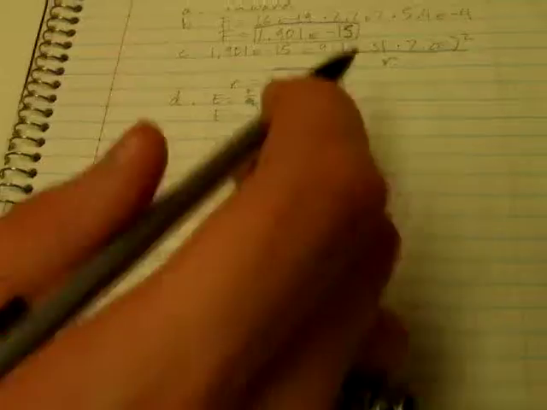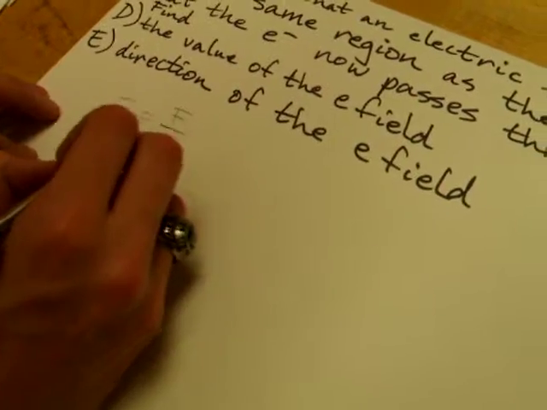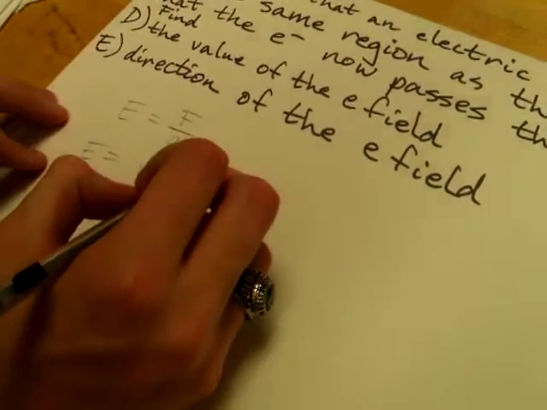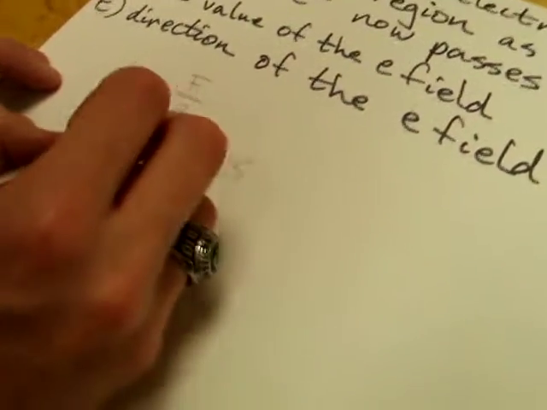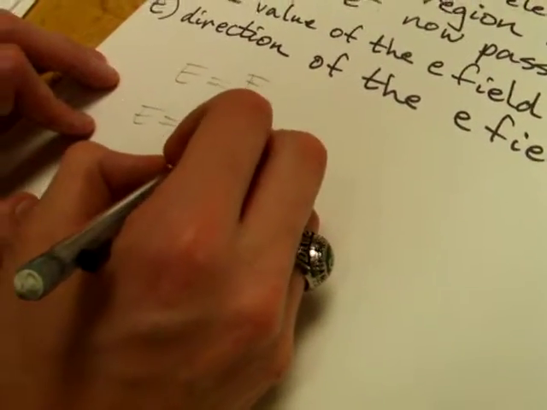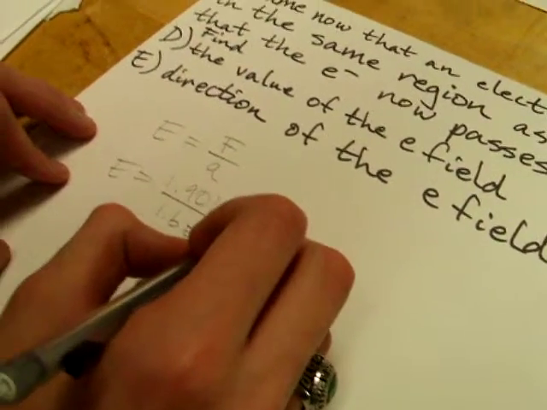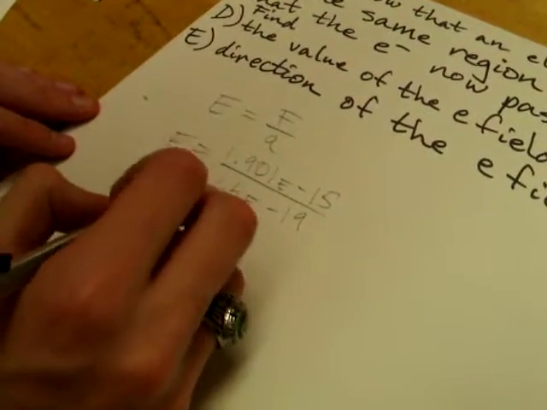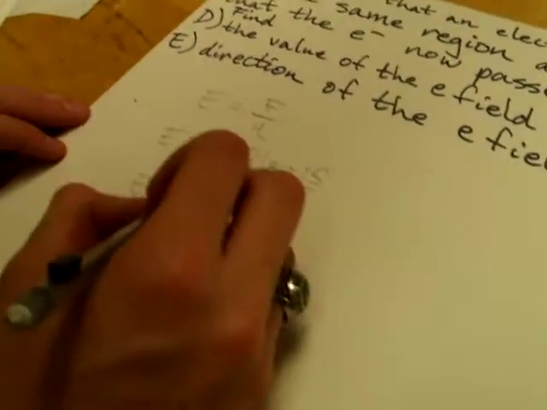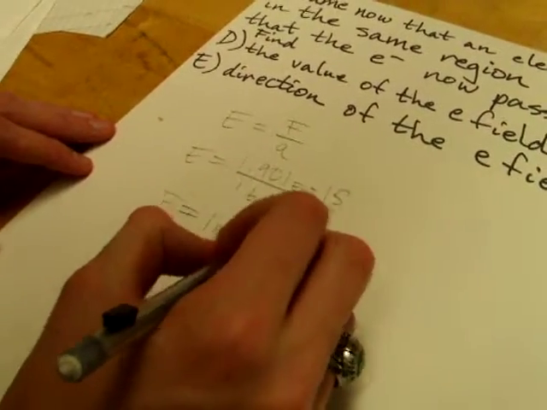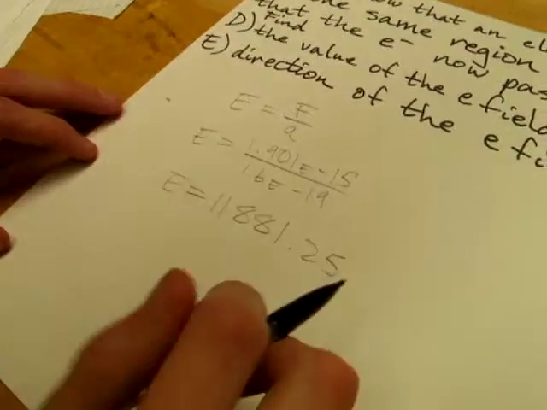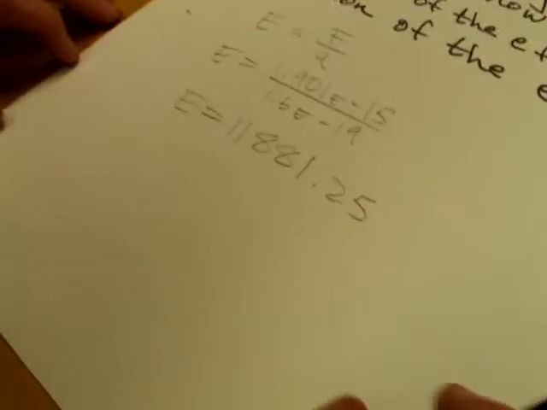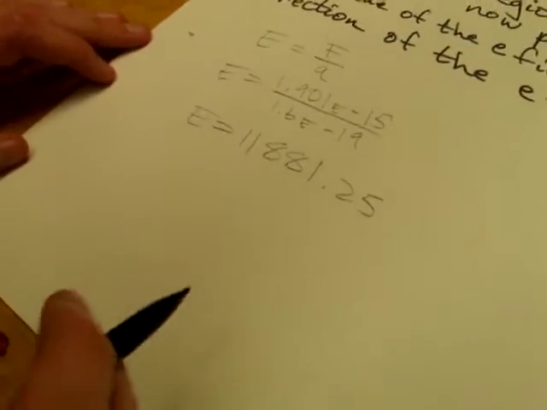We are trying to find E. We have F from part B. We plug in 1.901e-15 over, should be this, we get for E this big number, 11,881.25, which is the value of the electric field.